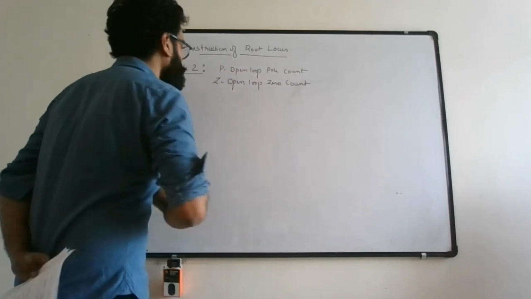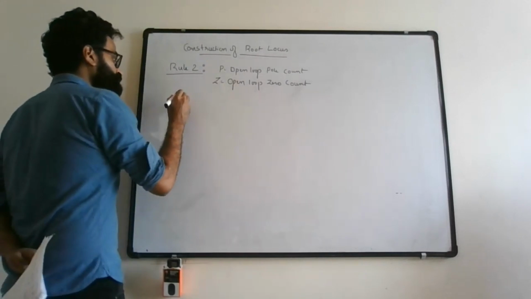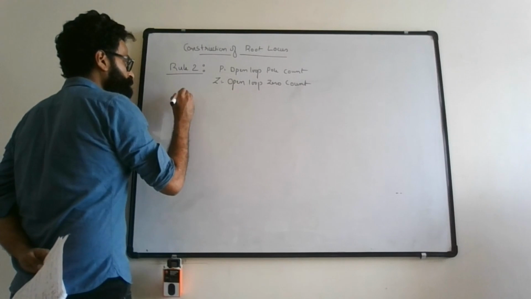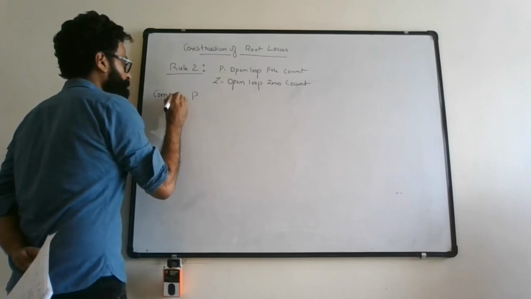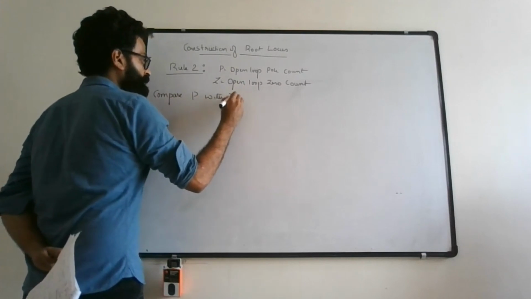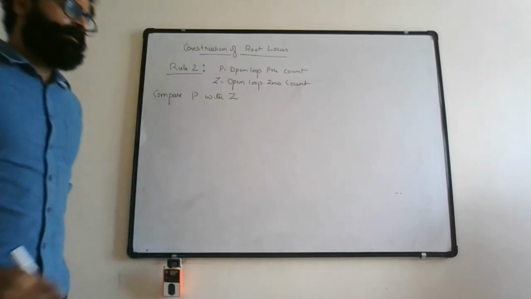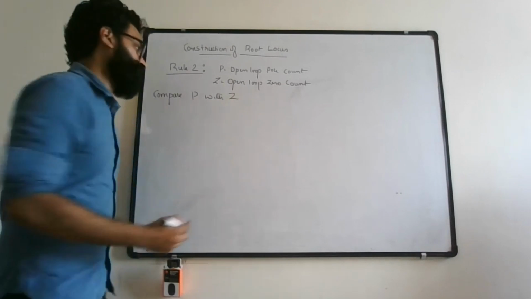Now, once we get the P count and Z count, you have to compare P with Z. When you compare P with Z, you can get three possibilities, right?